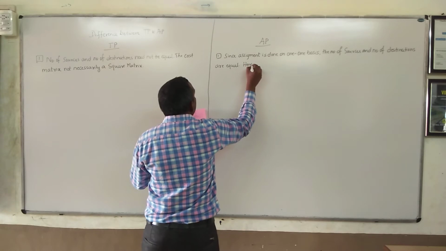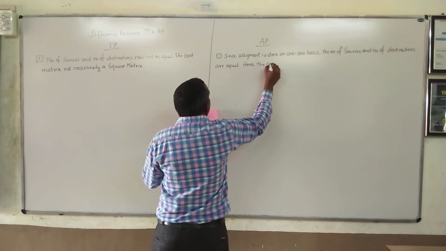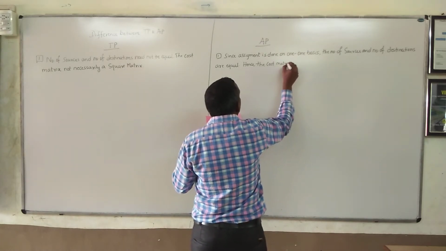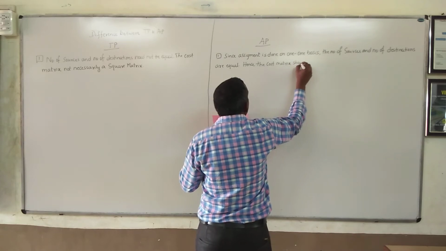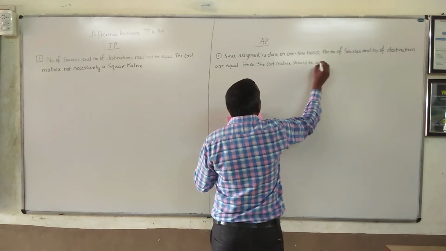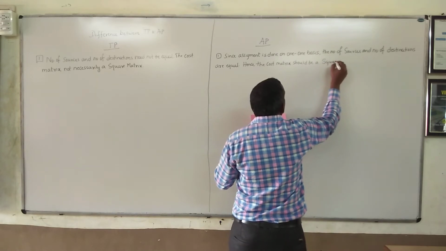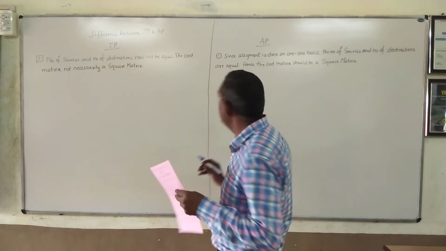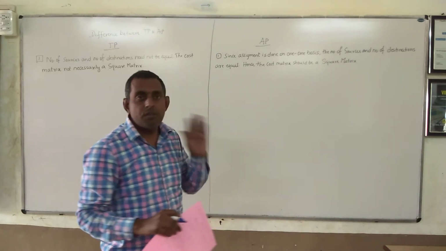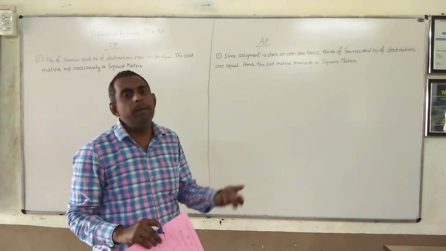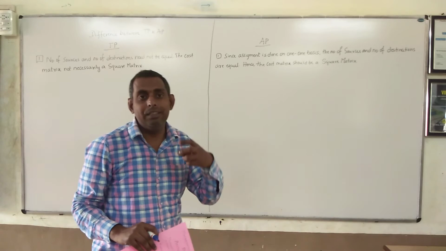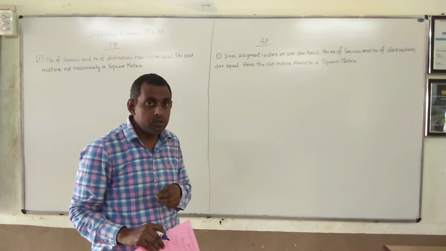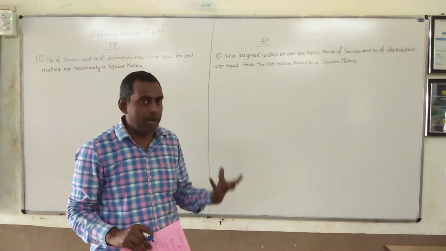Hence, the cost matrix should be a square matrix. Means what happens in AP? Because the assignment is done on one-to-one basis, that's why that is nothing but number of source should be equal to number of destinations, and it should be a perfect square matrix.